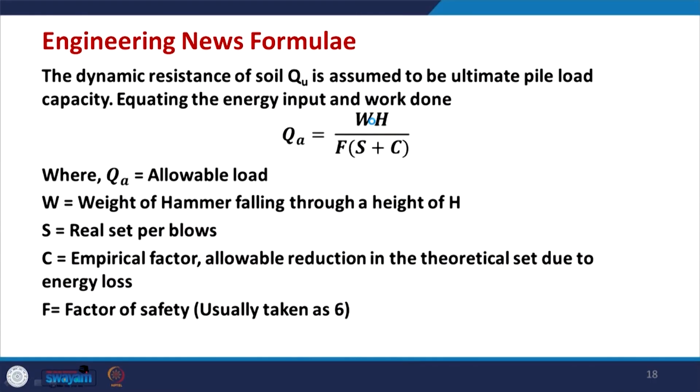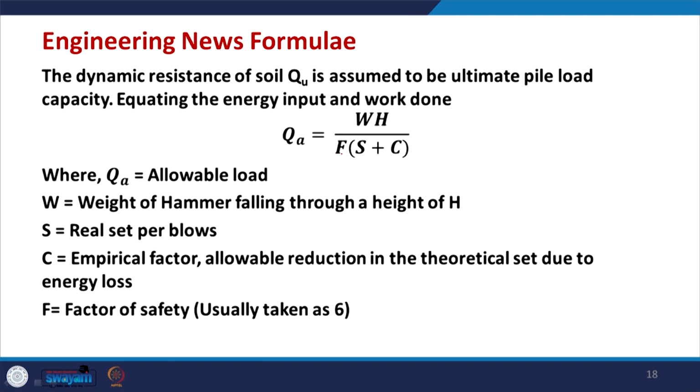In case of the engineering news formula, the dynamic resistance of soil Q is assumed to be the ultimate pile load capacity, and this is given by the relation Q = W×H divided by F×(S+C), where Q is the allowable load. Why is it the allowable load?